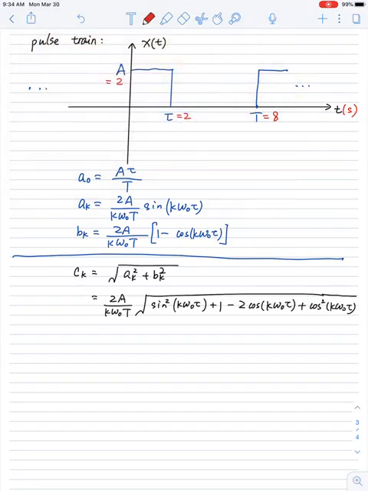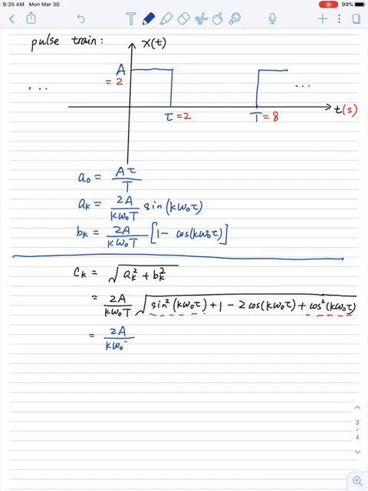So now we see that within this summation term, we have a sine and we have a cosine term. We know that their summation will be equal to 1. So this allows us to further obtain the following formula.